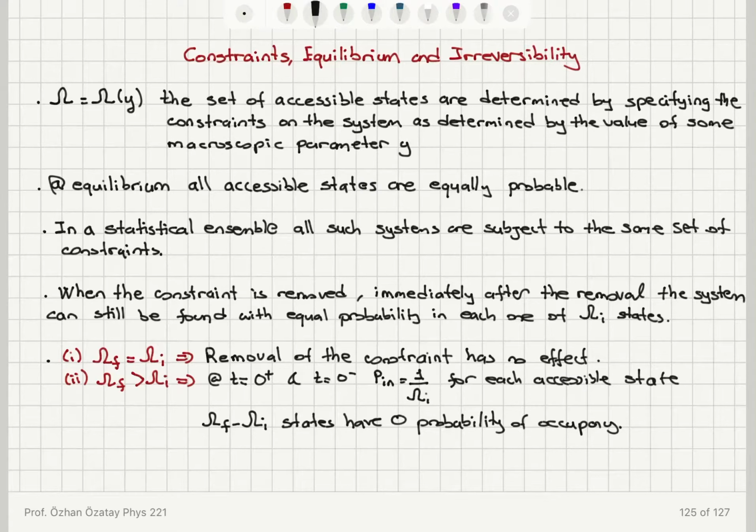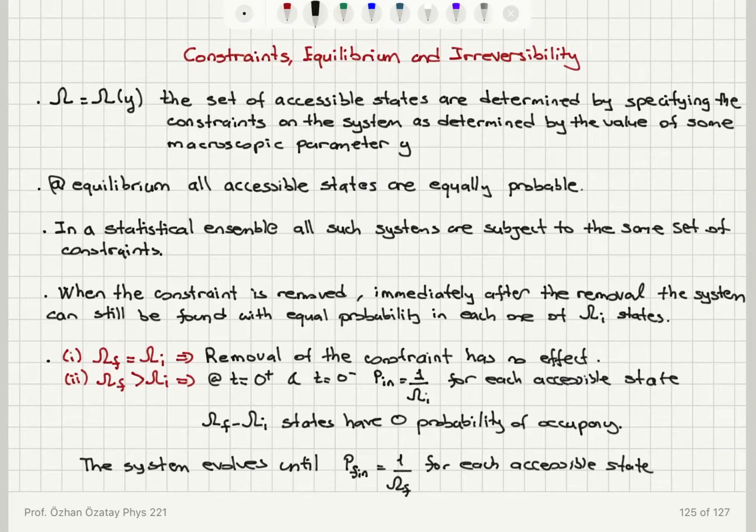However, the probabilities will become time dependent. The system is going to evolve until the final equilibrium is reached. You're going to have P final is equal to 1 over omega final for each accessible state.